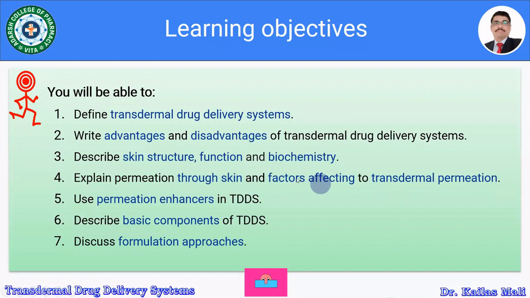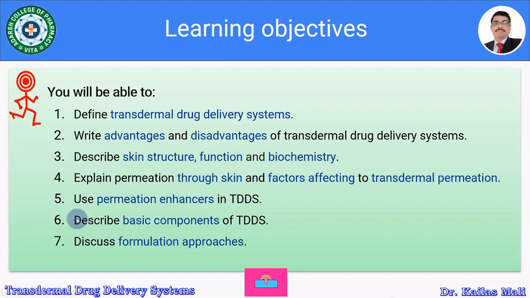As there are various factors which are going to affect the transdermal permeation, there is a need to use the permeation enhancers, which improve or increase the permeation through skin. So we are going to discuss the permeation enhancers. That is, you will be able to use the permeation enhancers in the transdermal drug delivery system.